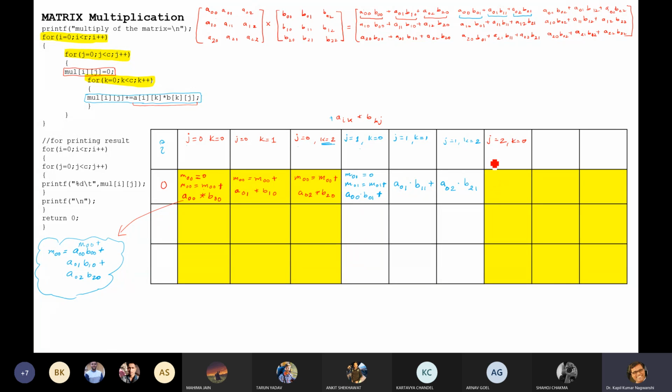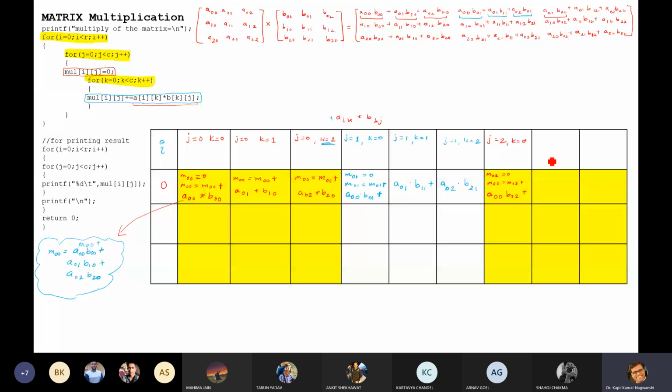Initially again M02 will be coming, that is equal to 0, and then M02 equals M02 plus A. What is the value now? I K, I is 0 and K is 0. B KJ, K is 0 and J is 2. And then plus. So this is our term 0, 0 and 0, 2.